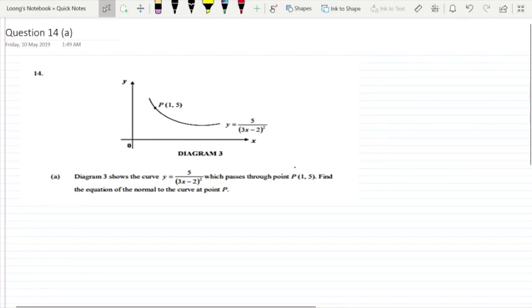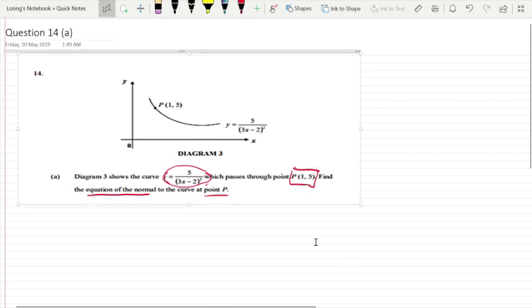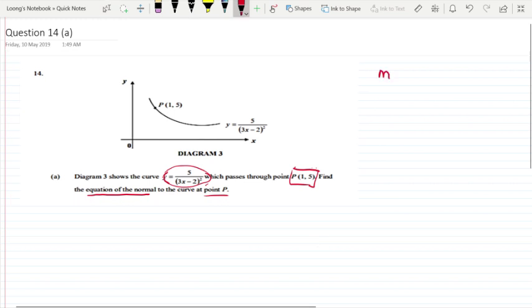Question 14, as you can see here, is what we have here. They need us to find the equation of the normal of this curve at point P. Before starting, I need all of you to take note that the gradient multiplied with the gradient of the normal is equal to -1.